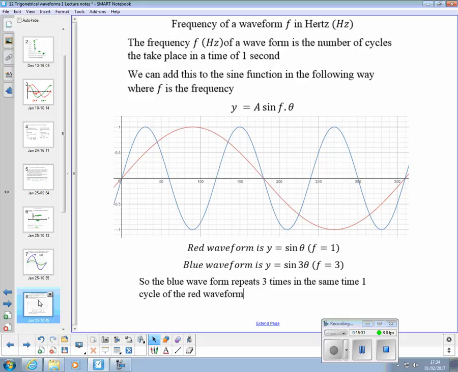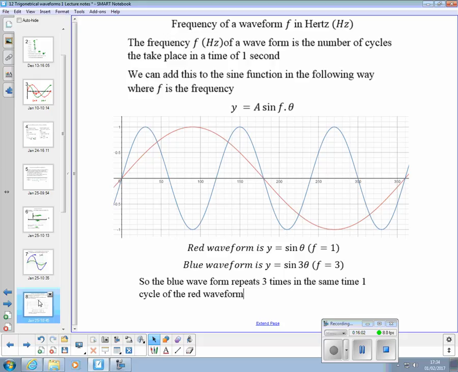We can change the function to y is equal to a sine of f times the angle. If we look at the plot that I've given you, and I know yours is in black and white, on here we've got the red function, that is y is equal to sine theta, i.e. f is 1. The blue waveform is y is equal to 3 times sine theta. The frequency is 3.